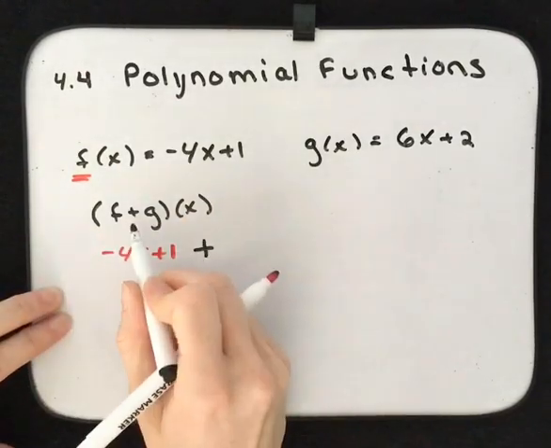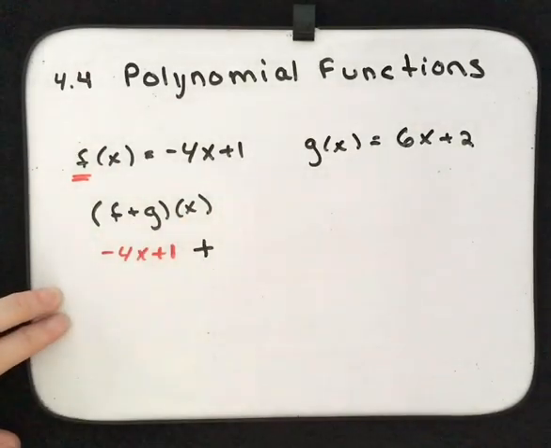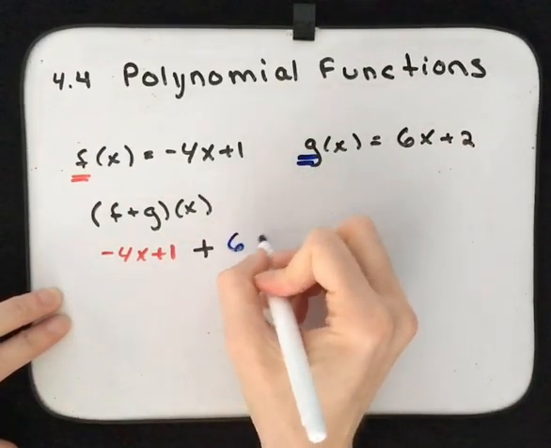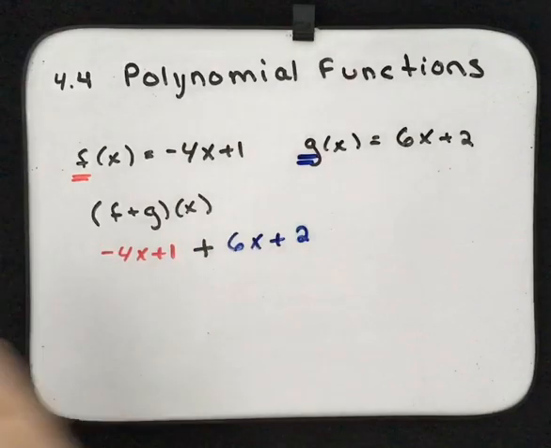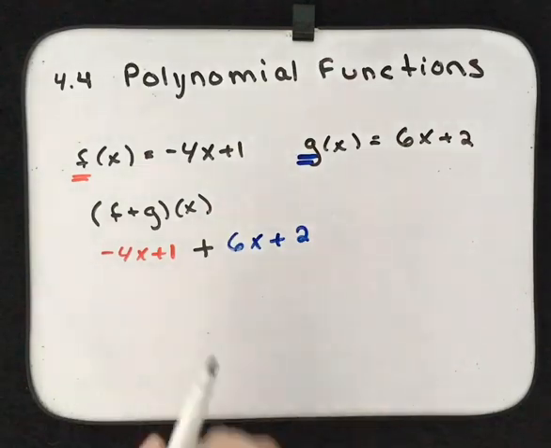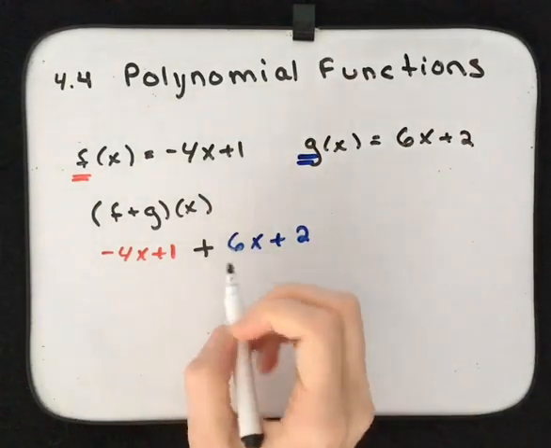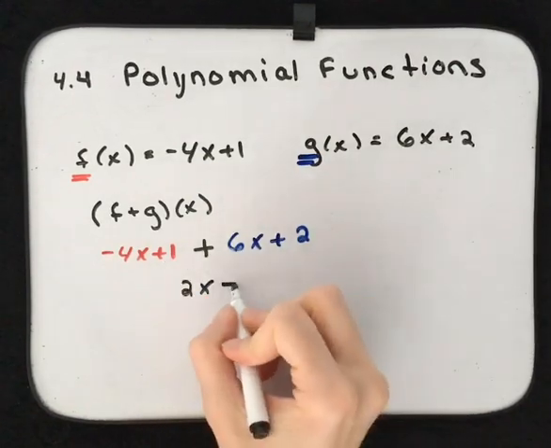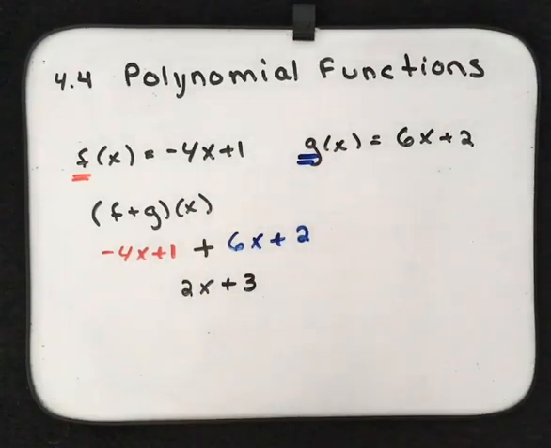Add to that from right here what you have for function g, in this case 6x plus 2, and then combine your like terms and simplify. If we look at our like terms, we have negative 4x plus 6x, that gives us 2x. 1 plus 2, that gives us 3.